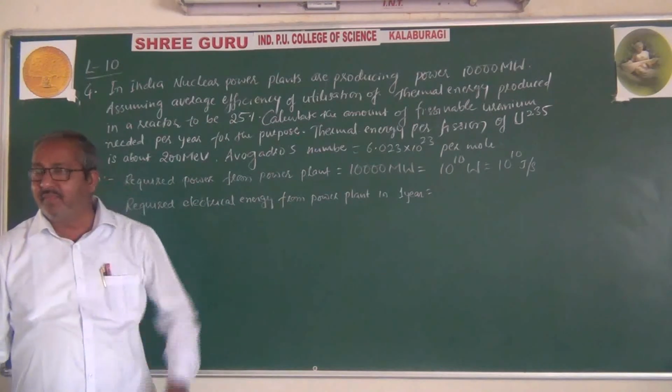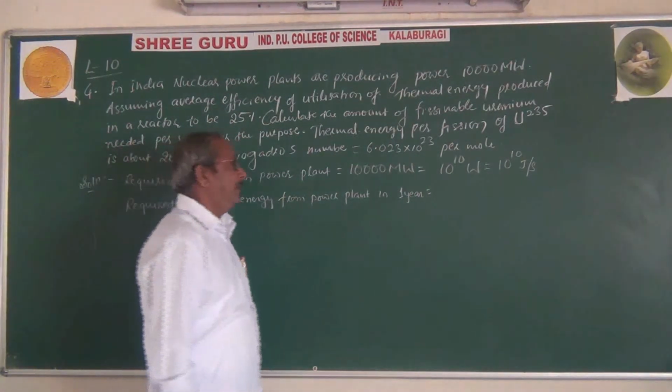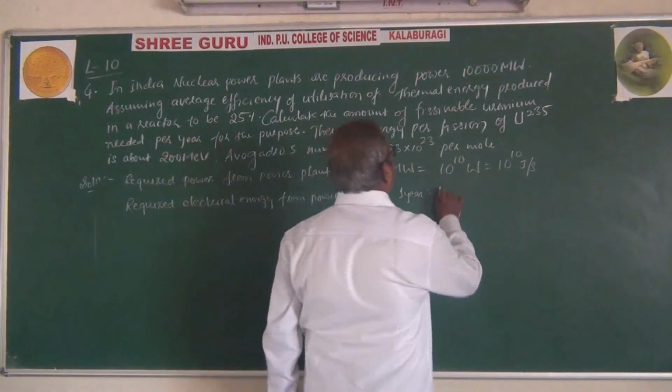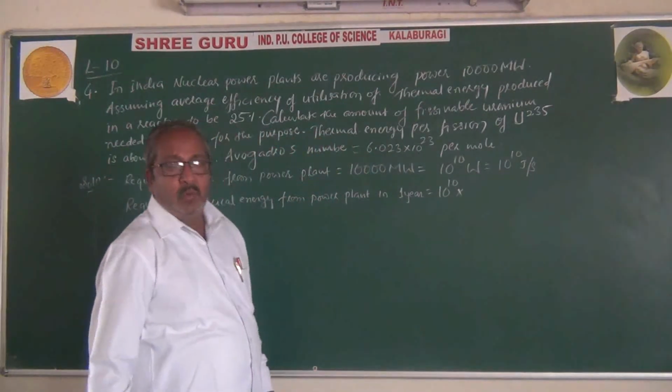In 1 year, how many seconds do we have to multiply? So we get 10 raised to 10 into 365 days in 1 year.